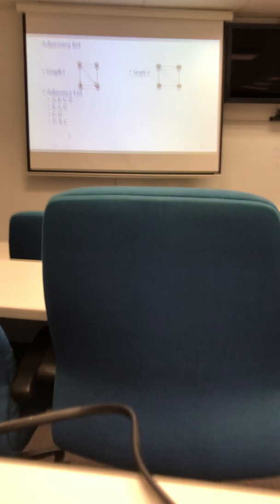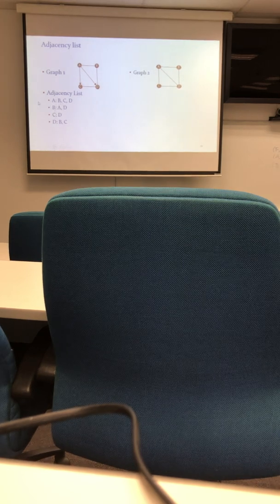We maintain a list for each vertex. So under adjacency list, we maintain a list for each vertex. The list can be something like an array or a linked list.